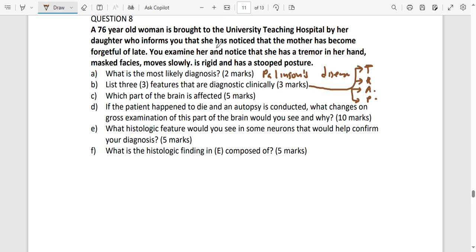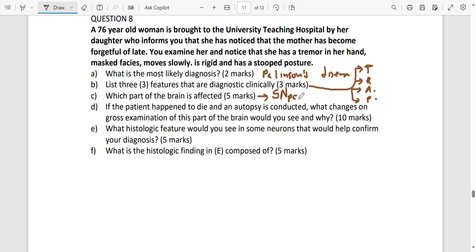You just say basal ganglia, you say substantia nigra, they'll mark. That's what he said. But just to put ourselves on a safer side, yeah, so we are good there. So substantia nigra pars compacta.